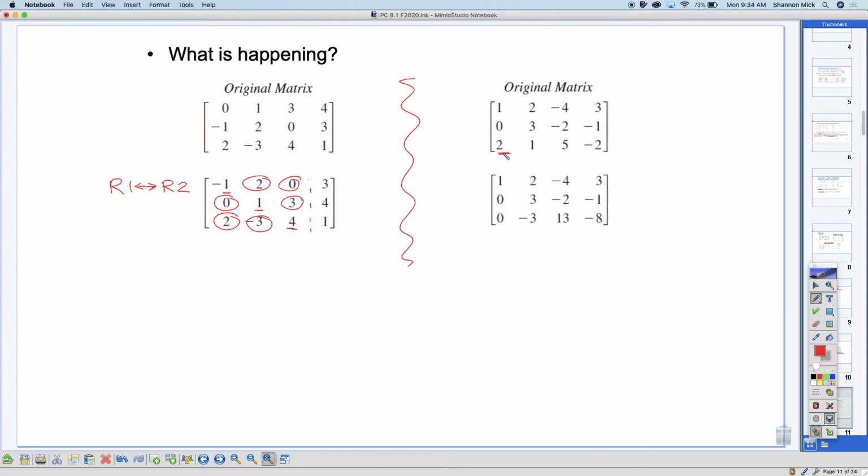So we will get in the habit of, this is in column 1, yes? So we will use row 1 to do so. So what would I multiply row 1 by to get rid of that 2? Negative 2. So what I do is I say -2 R1 plus R3.